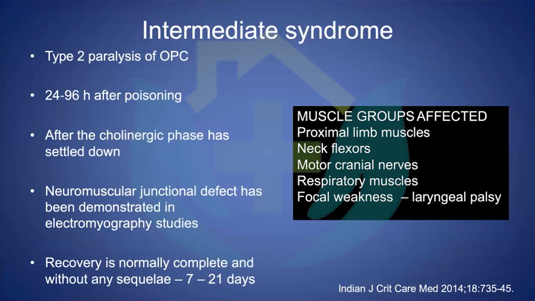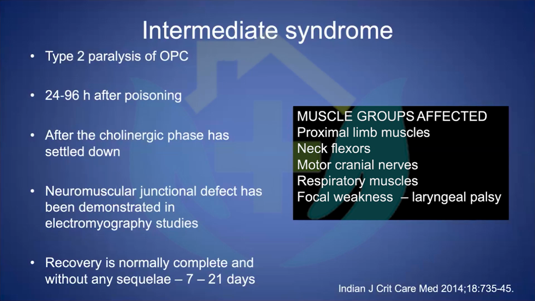Type 2 paralysis of OPC occurs 24-96 hours after poisoning, when the cholinergic phase has settled down, and a neuromuscular junction defect has been demonstrated by electromyography study. Recovery is normally complete and without any sequelae in 7 to 21 days. The main treatment is nutrition and regular exercise.